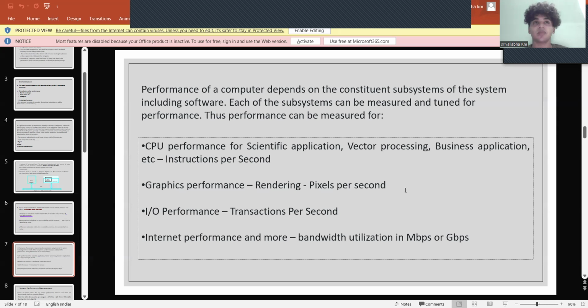Input output is transactions per second. Internet performance means the upload and download speed, in Mbps and Gbps. It is not that important, because CPU and graphics are easy to remember.